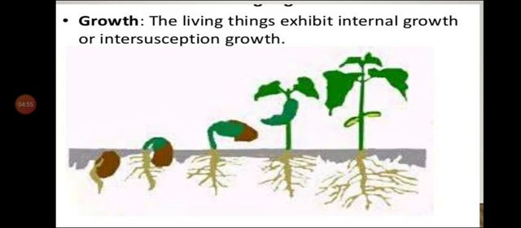Such external growth only takes place in non-living things. But actually, the growth and development process is unlimited. This process takes place in living organisms, and it should happen internally.